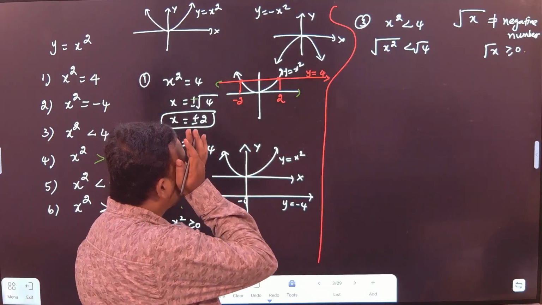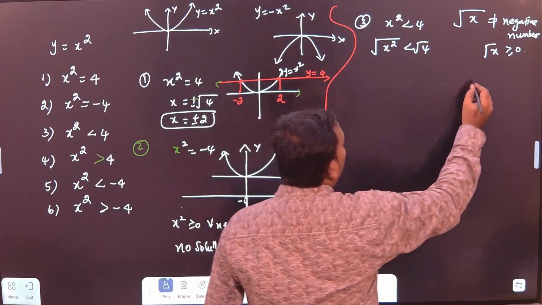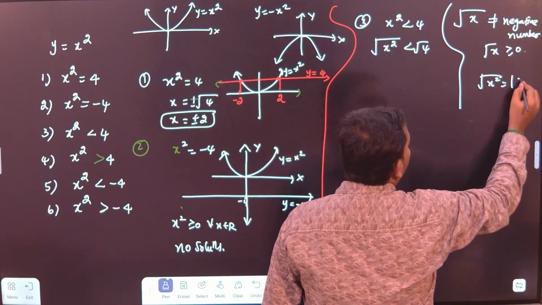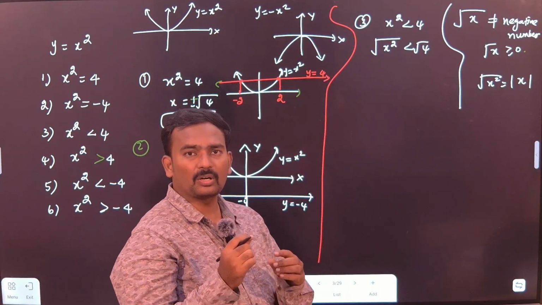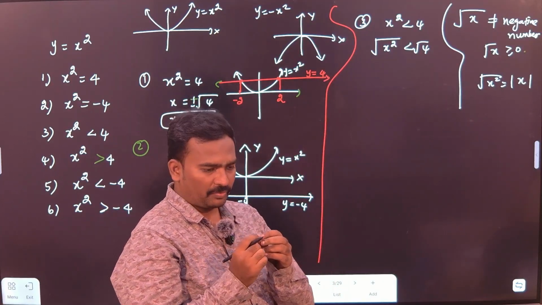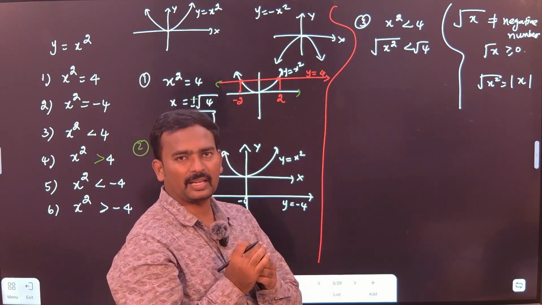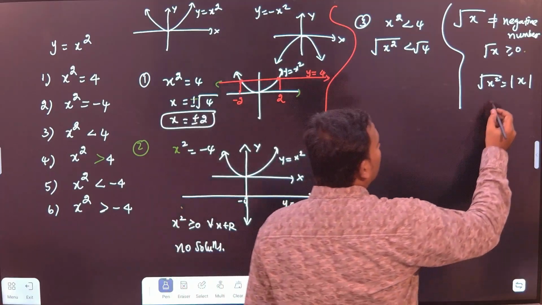Clear? So if you take the square root, the square root of x square is the same as mod x. Why are we saying this? Because the square root of x square is the distance from the fixed point 0 to x, that is, the square root of x minus 0 whole square. It is the same as mod x.